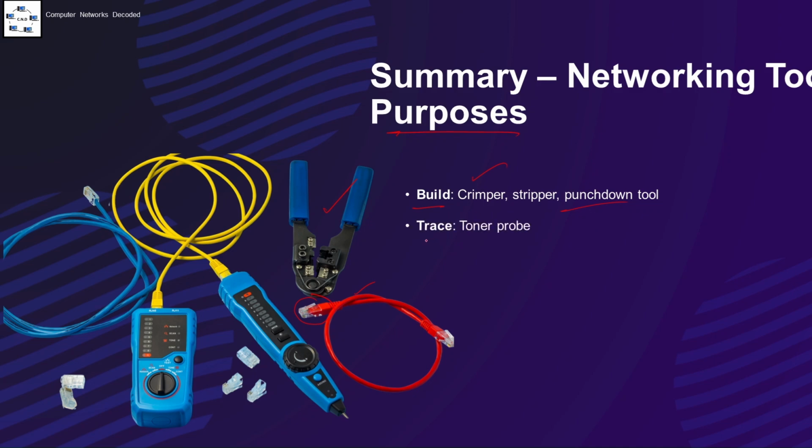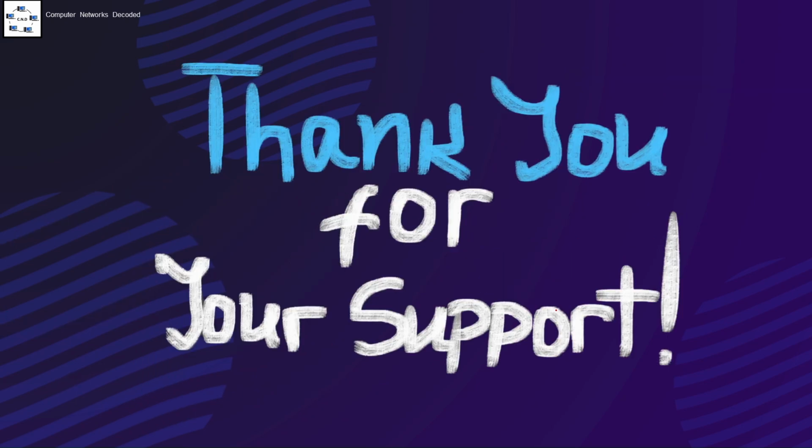To trace the cable, you need the toner probe tool. For testing a network cable, for RJ45 you can use the cable tester, as we studied, or for network interface cards you can use the loopback plug. To analyze a network, for a wireless Wi-Fi network, you can use the Wi-Fi analyzer, and for a wired Ethernet network, you can use the network tap.